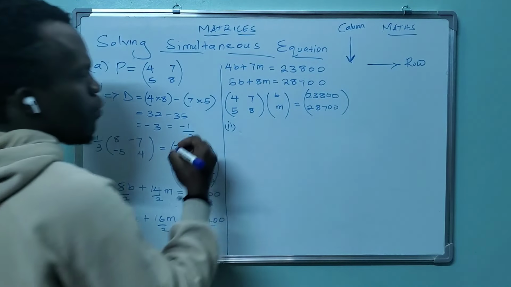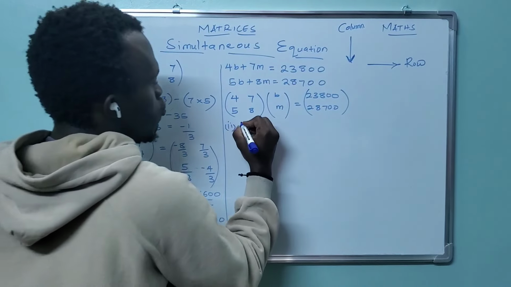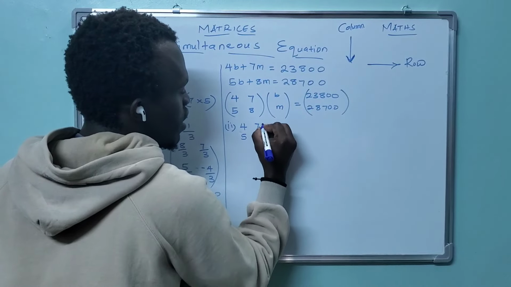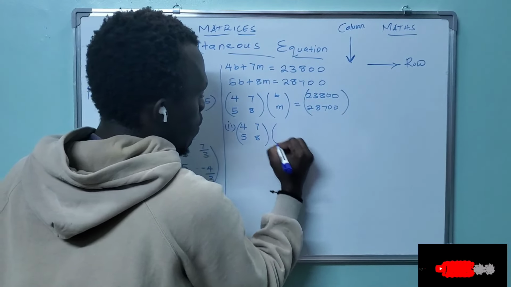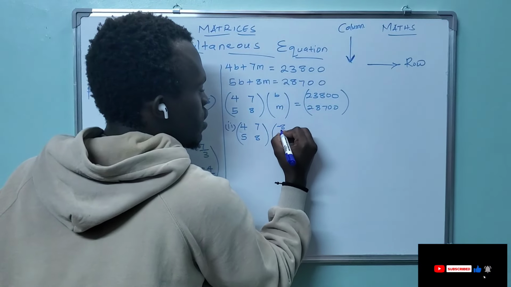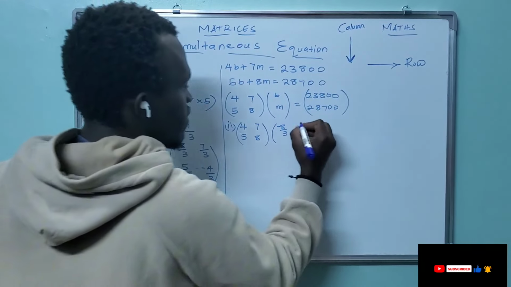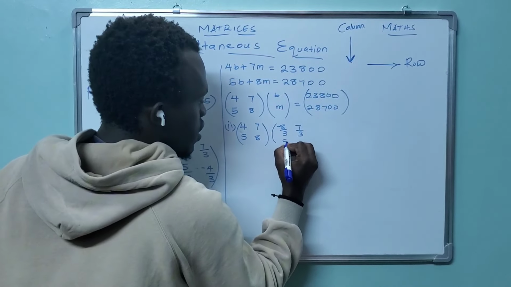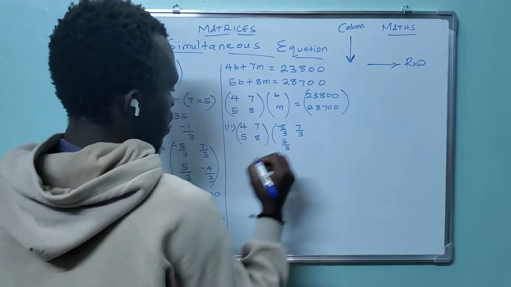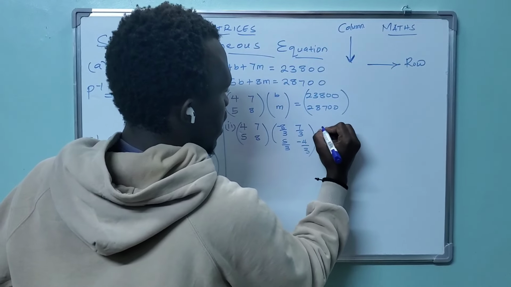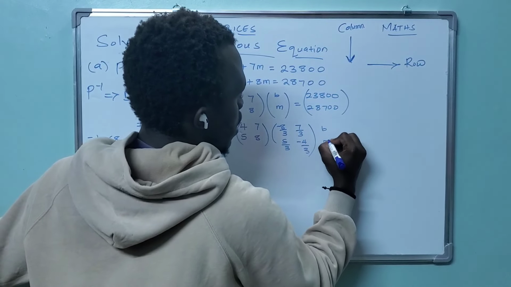So it means that I'm going to have this side, I'm going to have 4, 7, 5, 8, multiply, what was the inverse? The inverse was negative 8 over 3, negative 8 over 3, 7 over 3, then 5 over 3, then negative 4 over 3, and then here is going to be B, M.